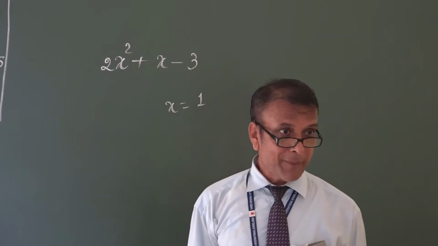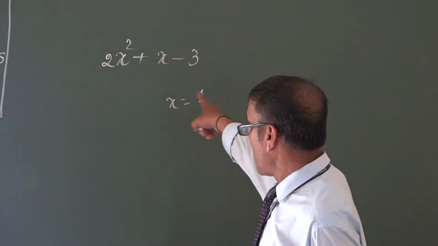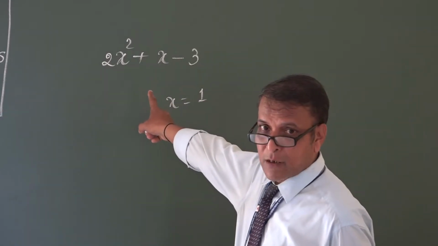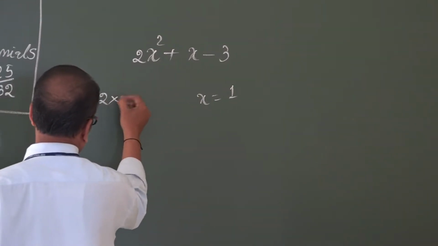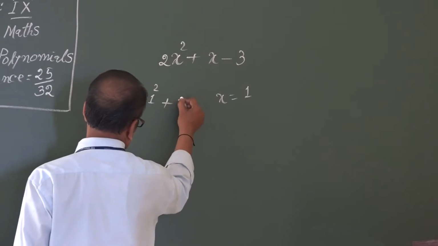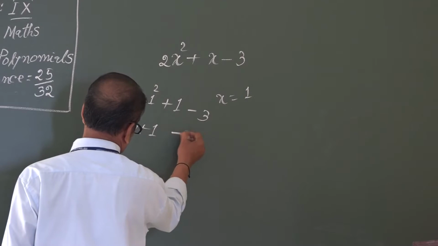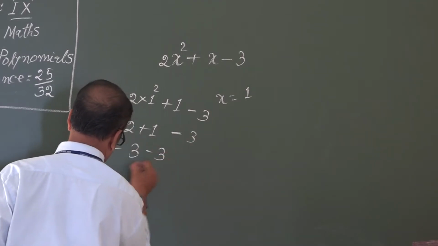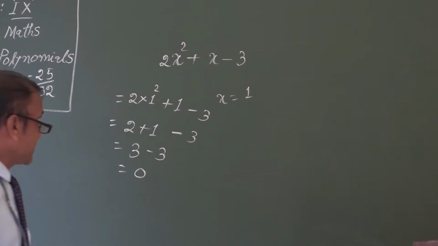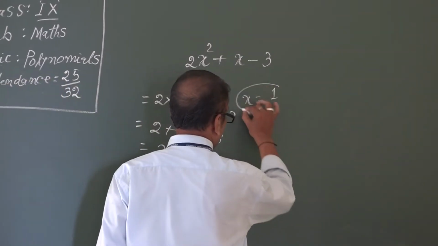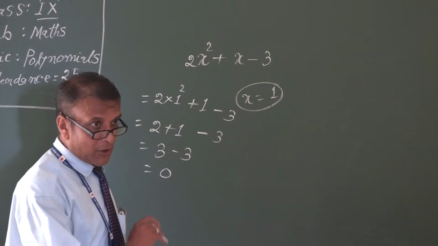If I put the value of x is equal to 1, then what will it be? 2 into 1 square plus 1 minus 3, that is equal to 2 plus 1 minus 3, that is equal to 3 minus 3, that is equal to 0. So the result you are getting is 0. That means x is equal to 1 is a zero of that polynomial.